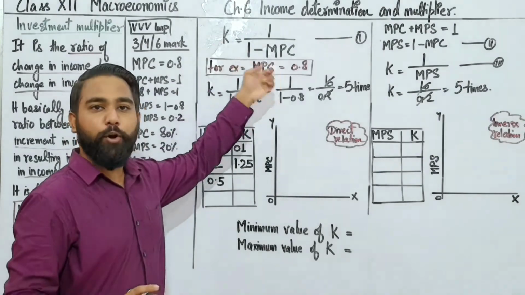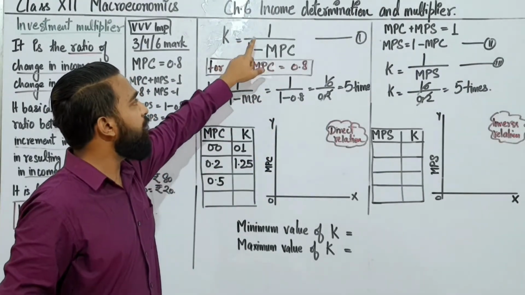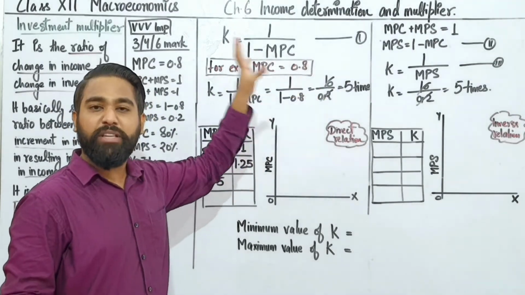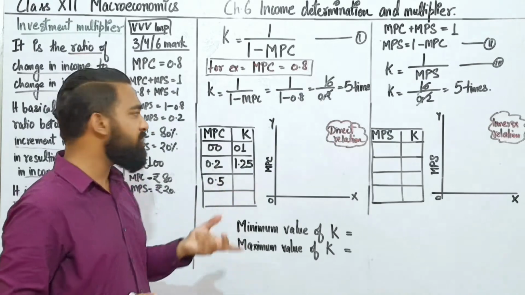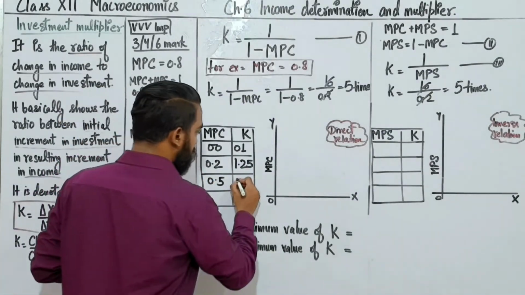Now if I increase the value of MPC to 0.5, calculate the value. K is equal to 1 upon 1 minus MPC, and the value of MPC is 0.5. 1 upon 1 minus 0.5 means 1 upon 0.5, that is 2.